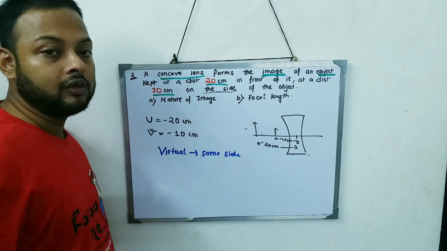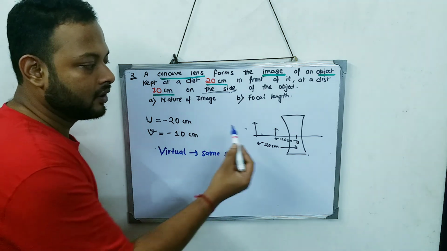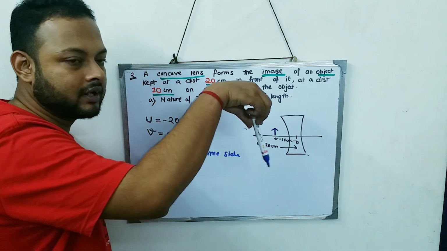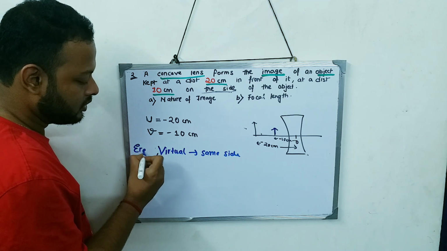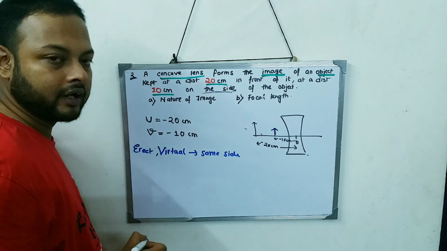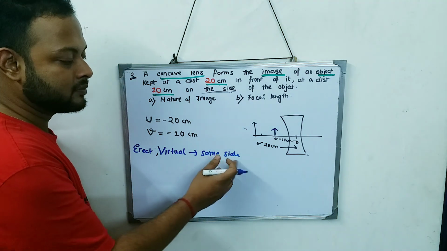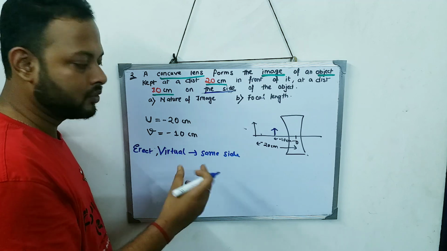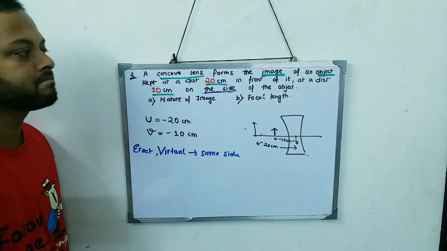And we know all virtual images are erect in nature. You can see it is erect like this, not inverted like this. So from the same side, I can come to the point that it is virtual as well as erect.